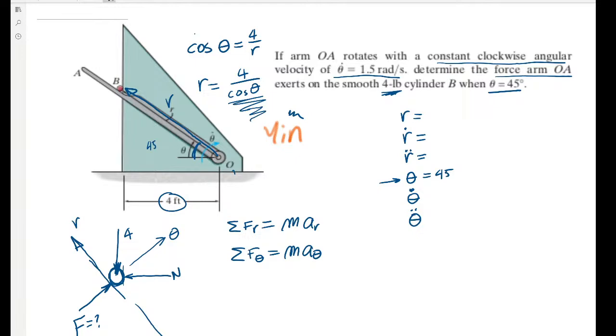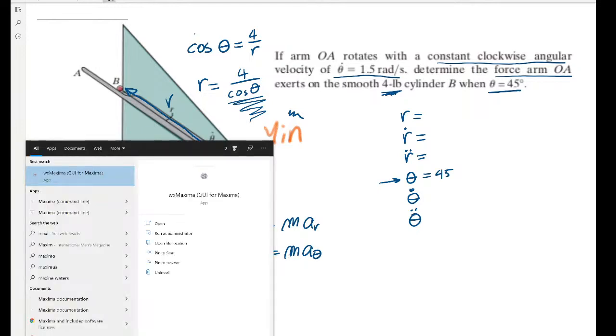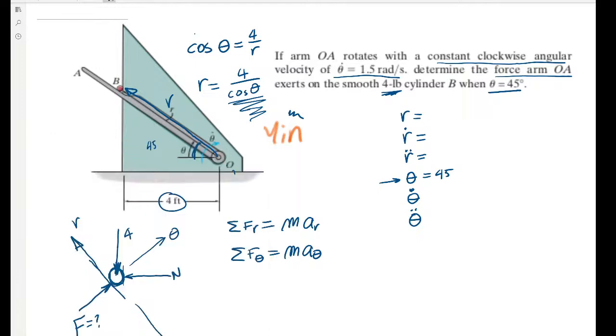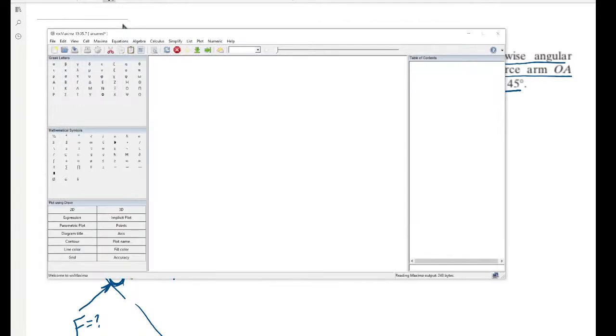So I'm going to check real quick and see if I installed it. Looks like I did. Okay, so I have this. This is a free package out there. It works very, very well. Been around for a long time.